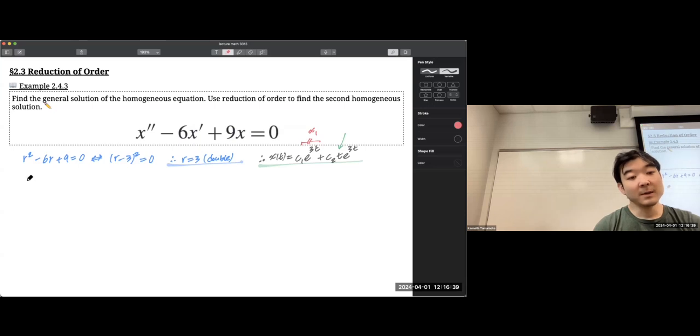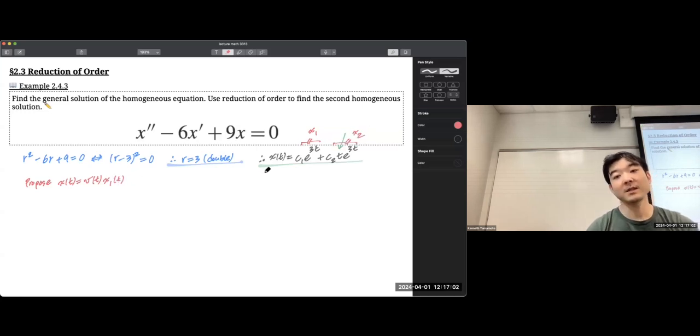So what I'm going to do is propose that our general solution, x of t, is going to be some unknown function v of t times our one homogeneous solution that we do know for sure is good. And that of course is a function of t. So I'll just say x1, technically this is our x2. The book likes to label the homogeneous solutions as x1 and x2.